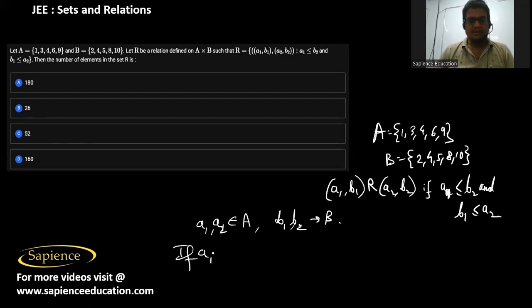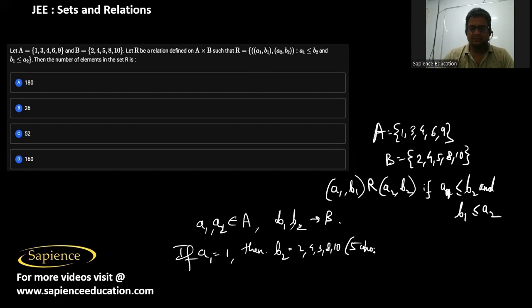Now if a1 equals to 1, then b2 can be 2, 4, 5, 8, 10. It means there are 5 choices for b2. And similarly, if a1 is 3, then b2 has 4 choices.